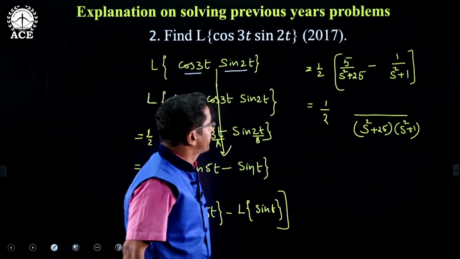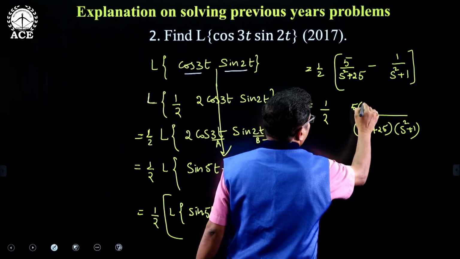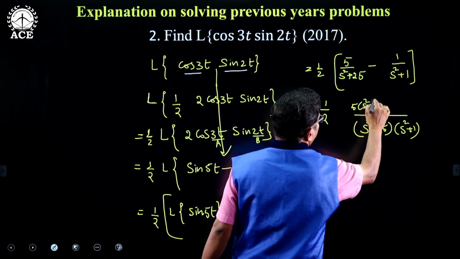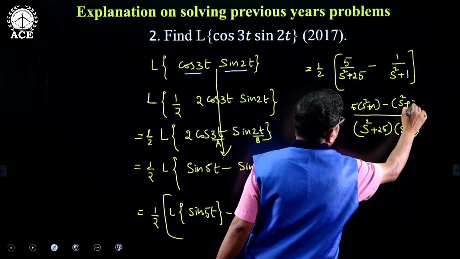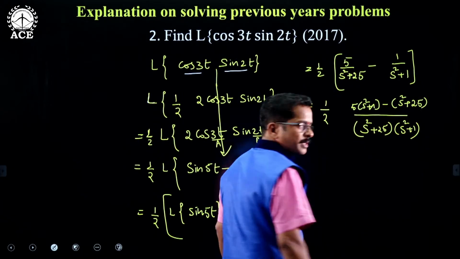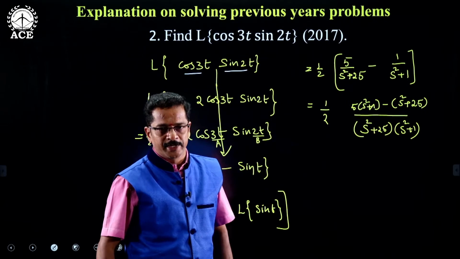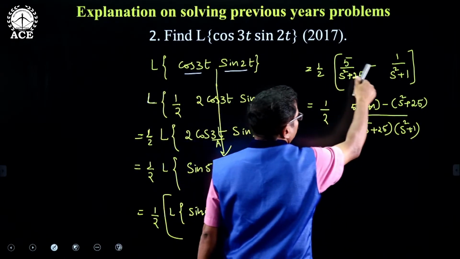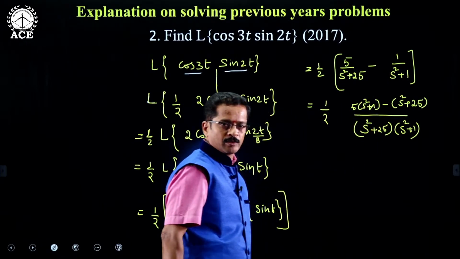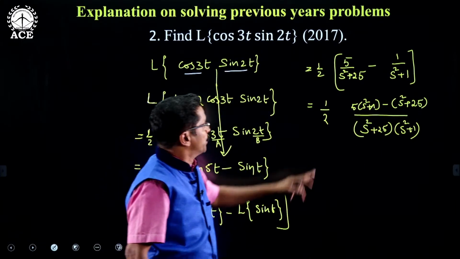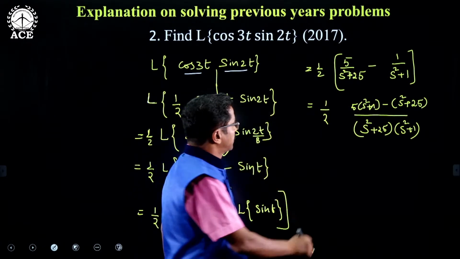Its numerators are 5 into s square plus 1 minus s square plus 25. Its numerators are product of alternative denominators, means 5 into s square plus 1 minus 1 into s square plus 25.